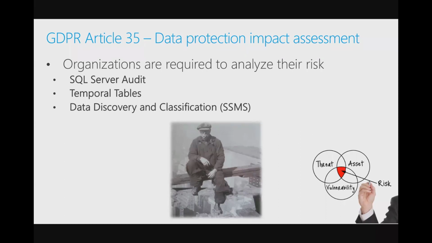Yes, we can do it manually, but it will take a large amount of time. But with data discovery and classification, this can be done in a couple of minutes. It is not perfect. You need to verify this result, but it can decrease the amount of time on a large scale.